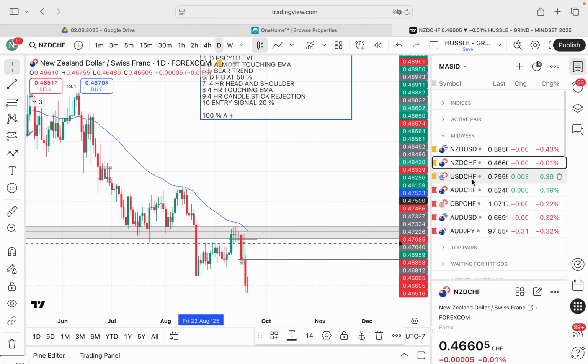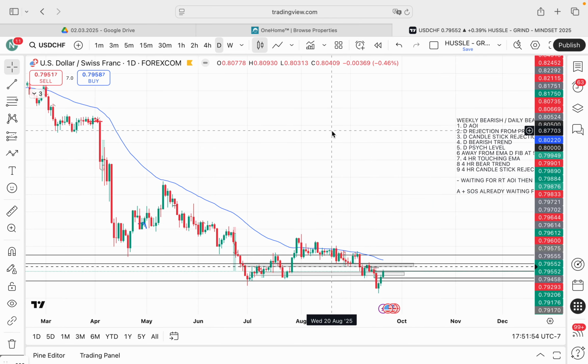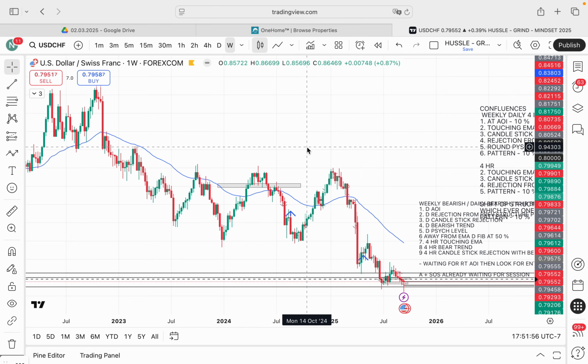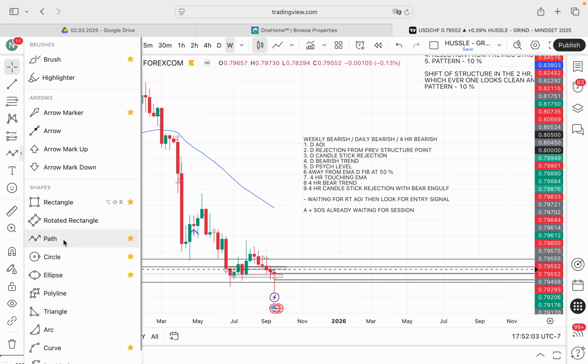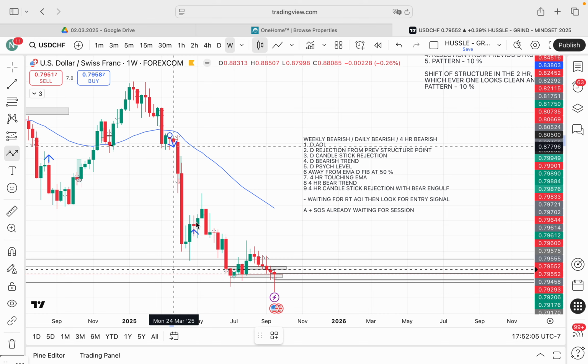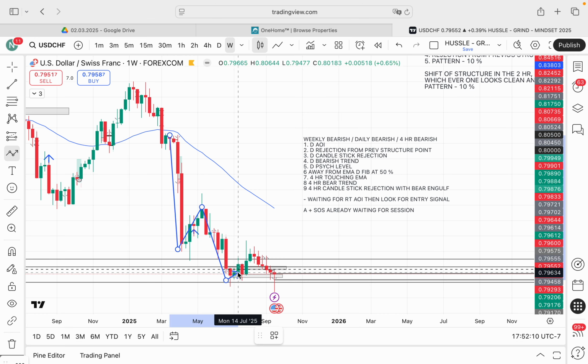I have another one, USD. What I see on the weekly time frame is we have lower high, lower low, lower high, lower low.